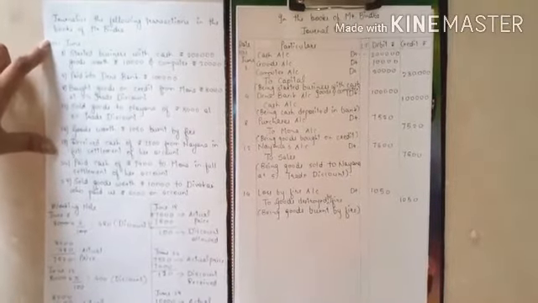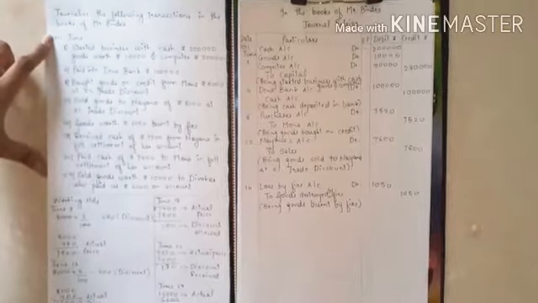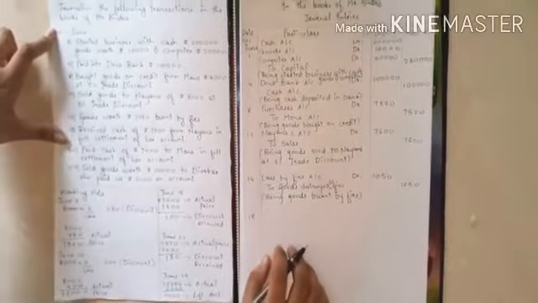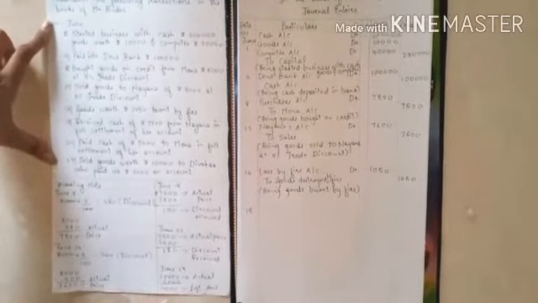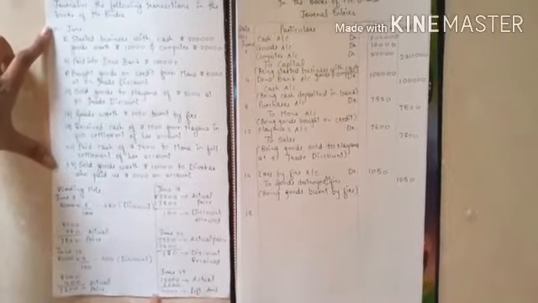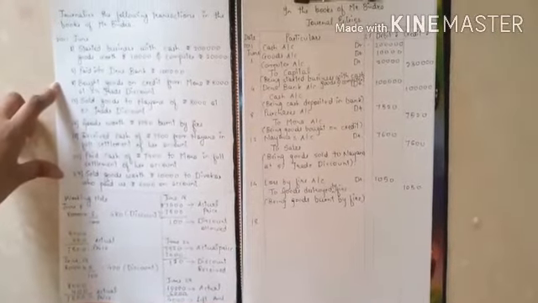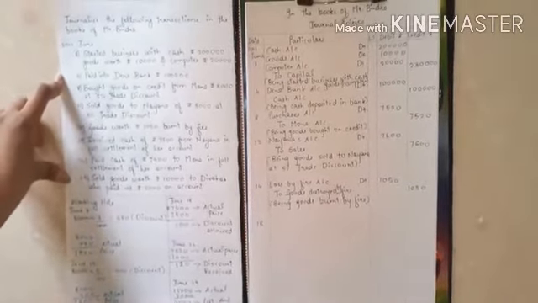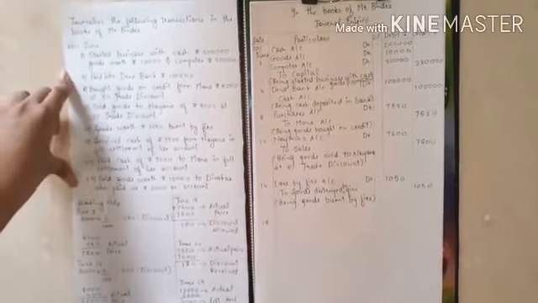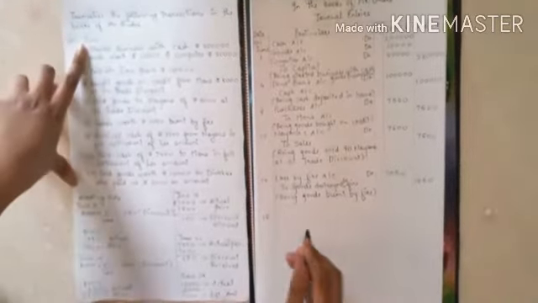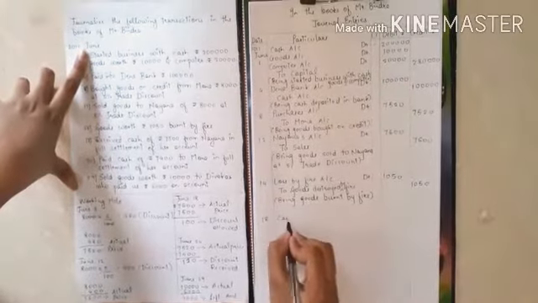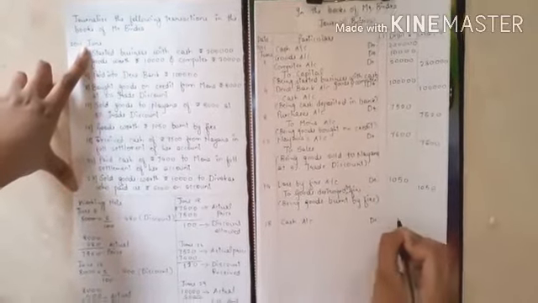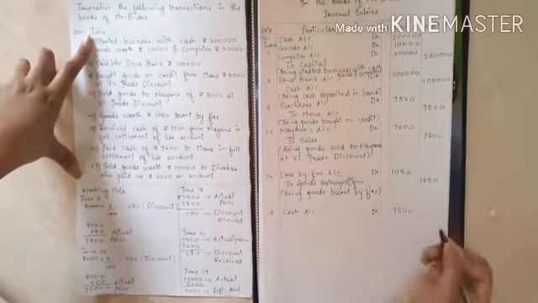Next, received cash of rupees 7,500 from Naina in full settlement of her account. So we will write down the date. Now here we have calculated the actual amount and the discount that is being allowed to Naina from Mr. Bindra. So let's see how this actually works in the transaction. How much amount we have received? So cash account is going to get the debit effect because we have received the amount of rupees 7,500.